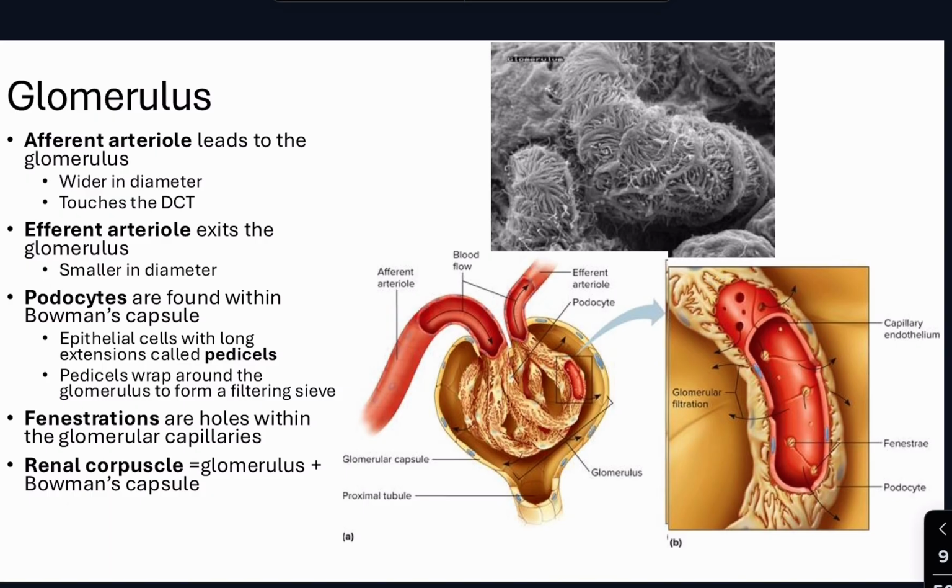All right, so they're going to wrap around the glomerulus, and they're going to form kind of a filtering sleeve, right? So these are going to have little tiny holes in between these pedicels that are going to function as a filter, right? We also have what are separately, these are different, by the way, from the podocytes and the pedicels. We have what are called fenestrations, and these fenestra, right, are holes within the glomerular capillary. So if we look closely over here, we can see a glomerular fenestra.